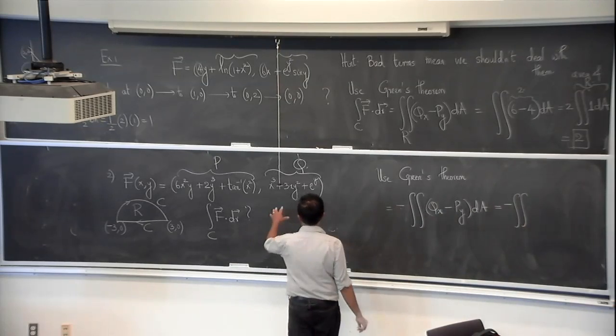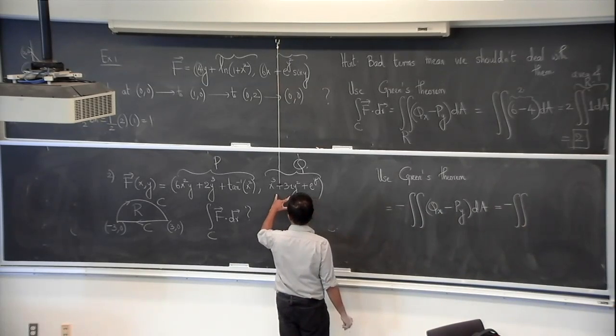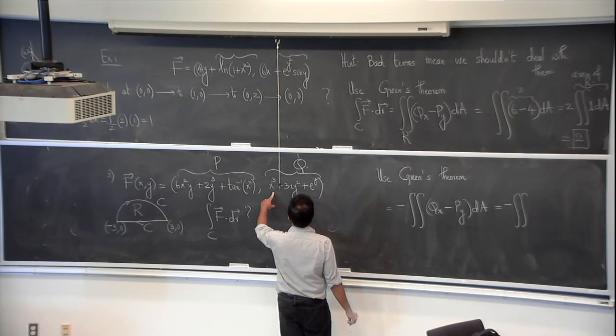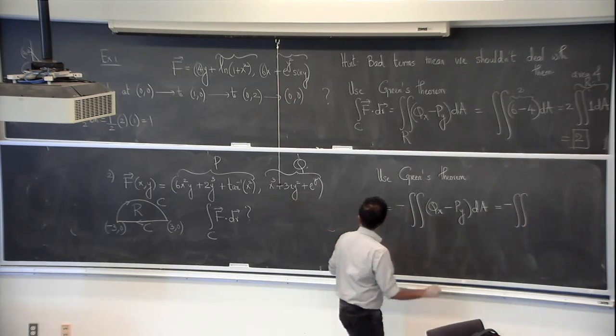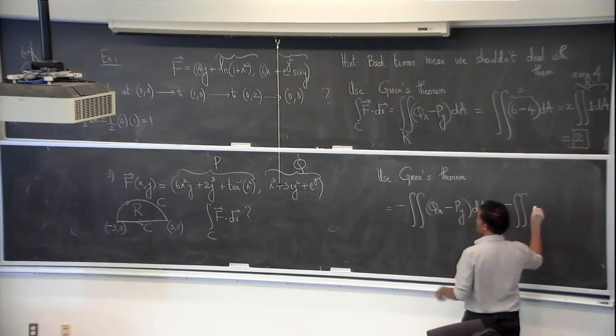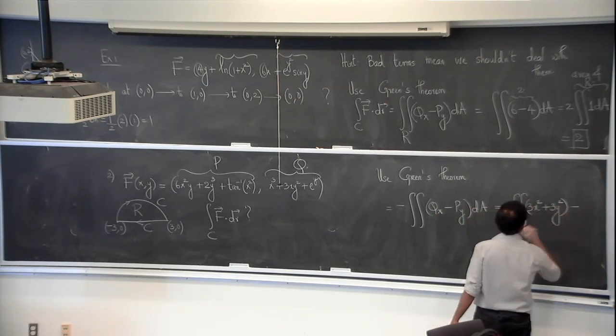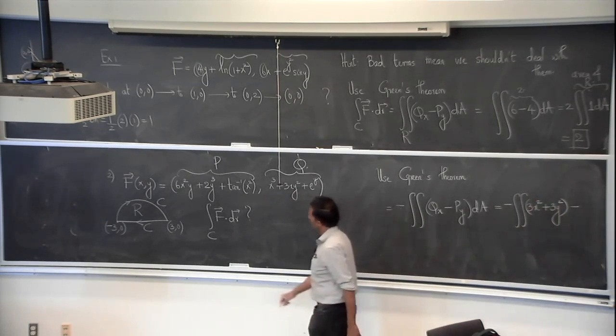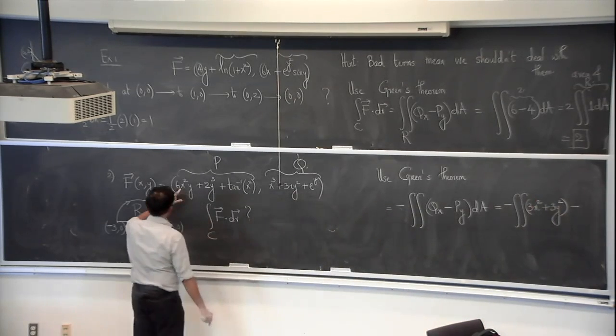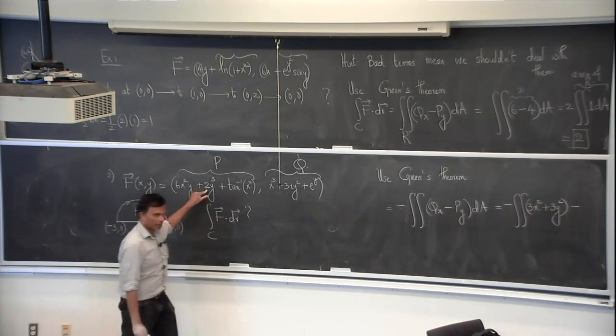I'm going to write down the Qx and Py terms and let me know if I'm making any mistakes. So it's 3x squared plus 3y squared for Qx minus Py, which is going to be 6x squared plus 6y squared.